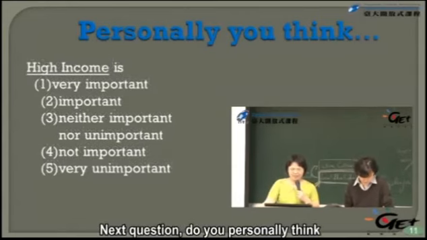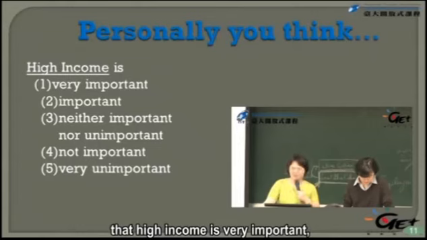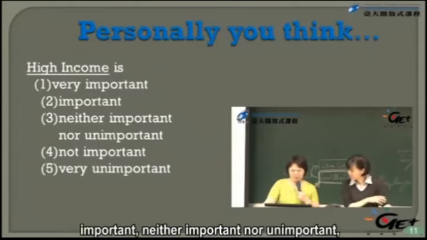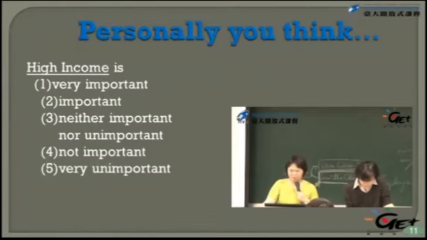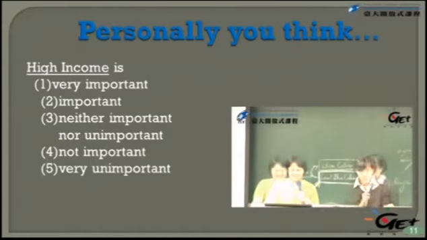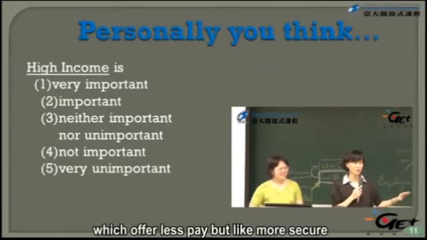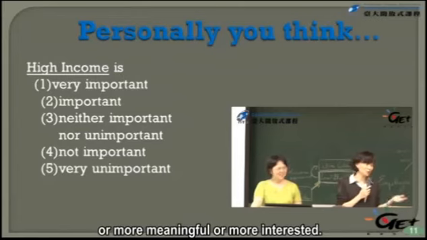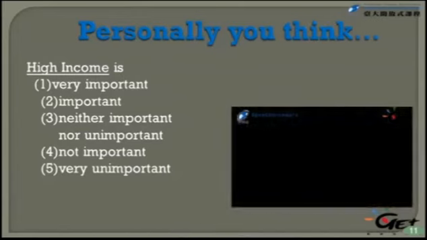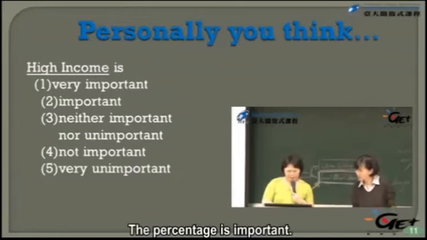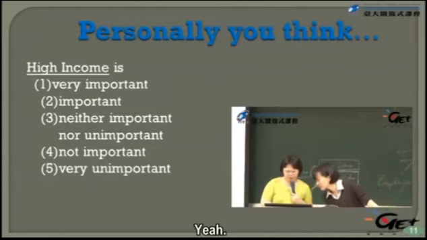Do you personally think that high income is very important, neither important nor unimportant, or very unimportant? Or do you prefer to choose a job which offers less pay but is more secure or more meaningful, or more interesting?